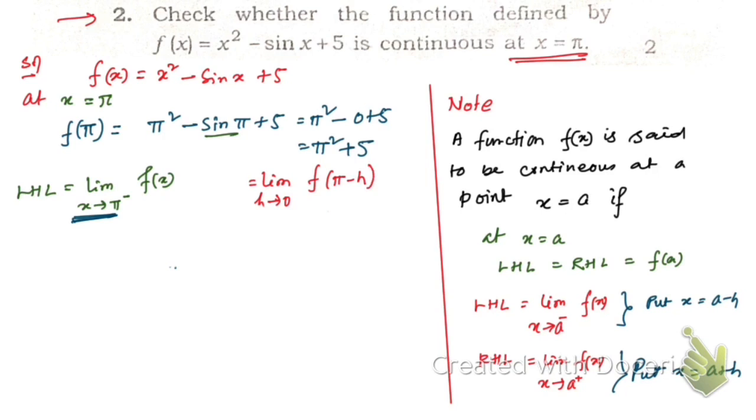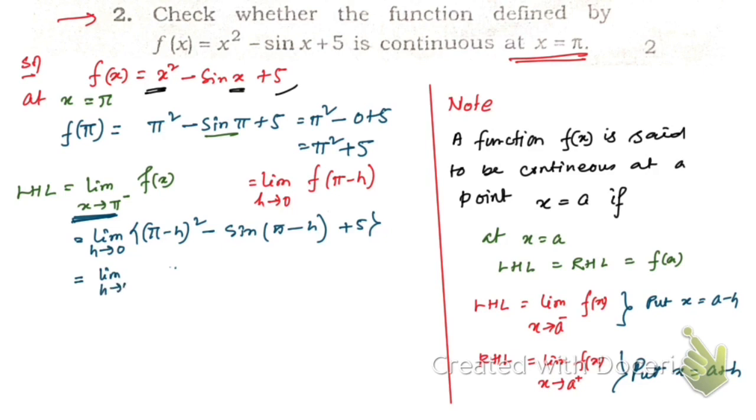So if you use this value here, then what you will get, limit h tends to 0, so (pi - h) whole square. So we are putting the value of x here, sine(pi - h) plus 5.